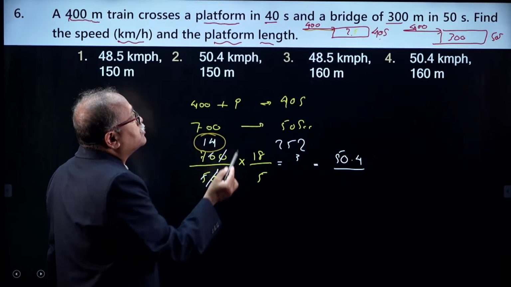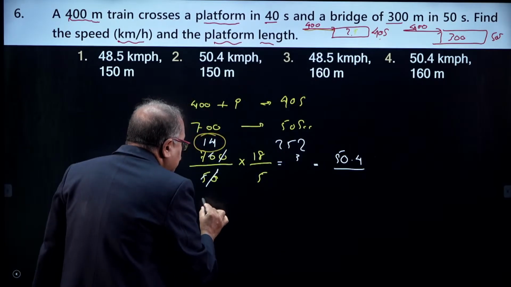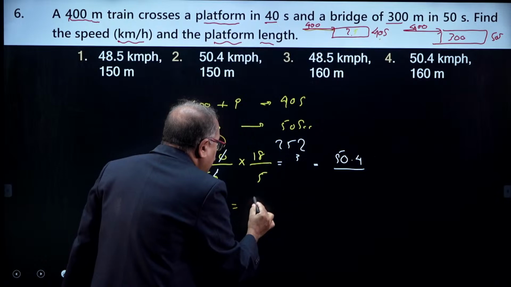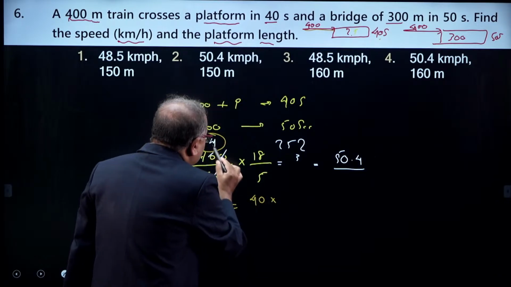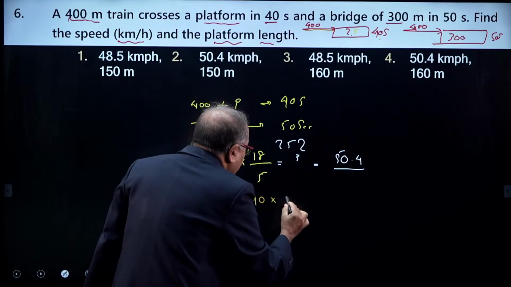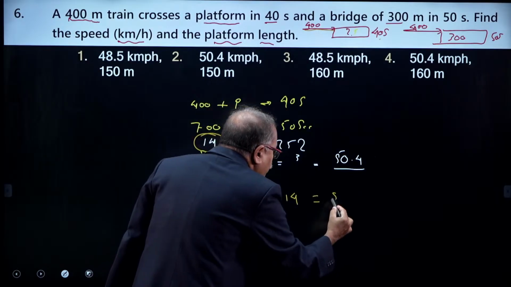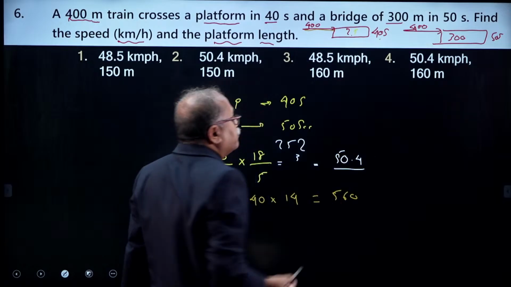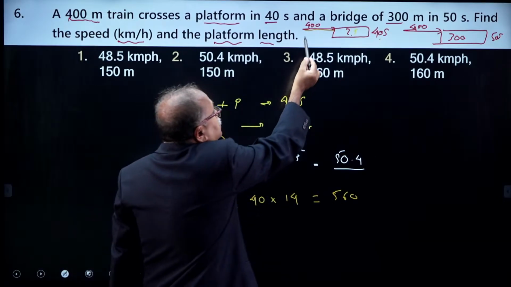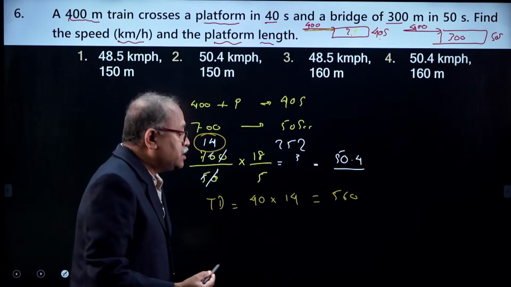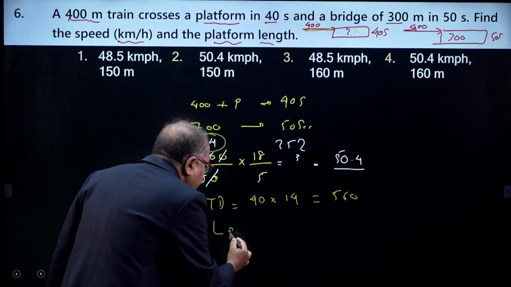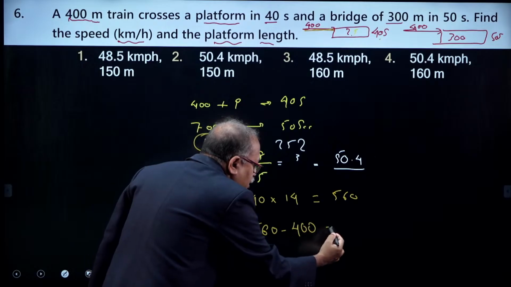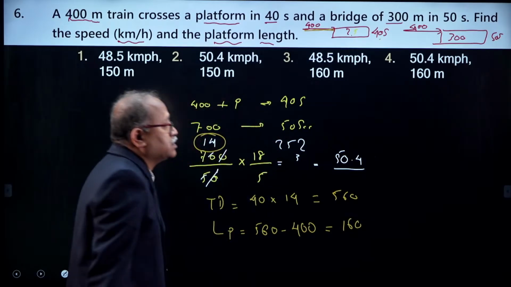What is the total distance? The total distance is equal to the time 40 seconds times the speed 14 meter per second. 14 times 40 is 560, the total distance of the train and platform, of which the train is 400 meter. So, what is the length of the platform? Length of platform is 560 minus 400, the length of the train, which is 160.